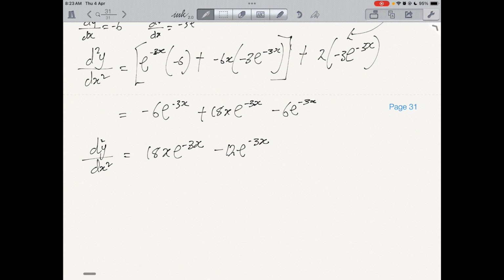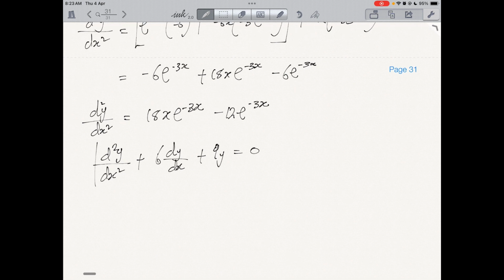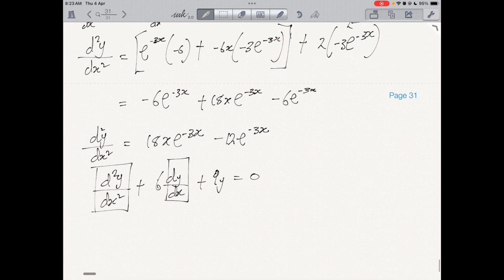Now remember, we are asked to prove that d square y dx squared plus 6 dy dx plus 9y is equal to 0. With this done, we have to make our substitution of d square y dx squared and of dy dx.